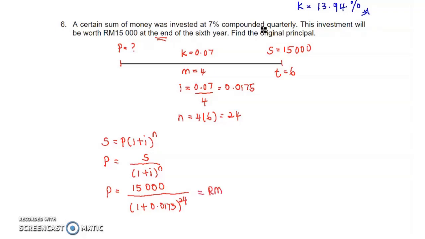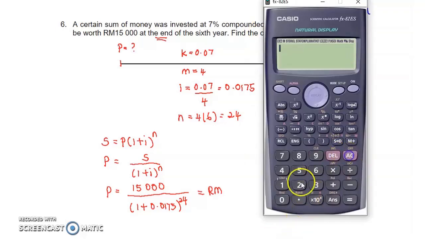So value P must be less than value S. So 1 plus 0.0175 is 1.0175, to the power of 24, and then 15,000 divided by the answer, referring to the previous answer in the calculator, the denominator just now.